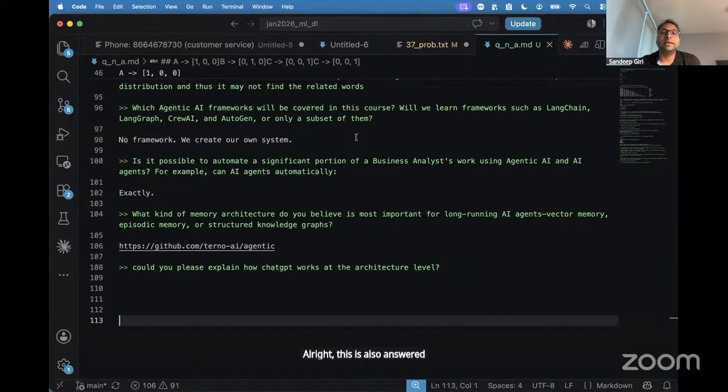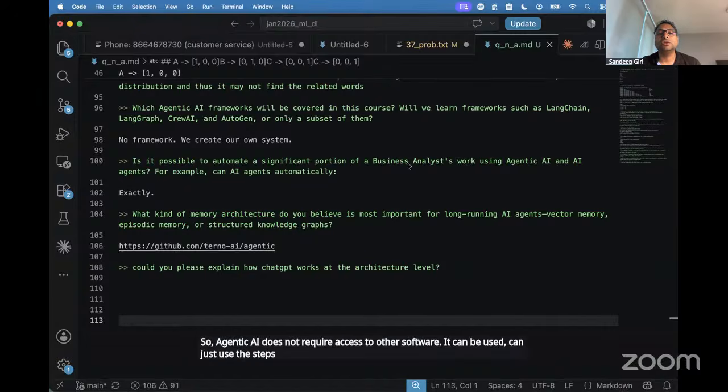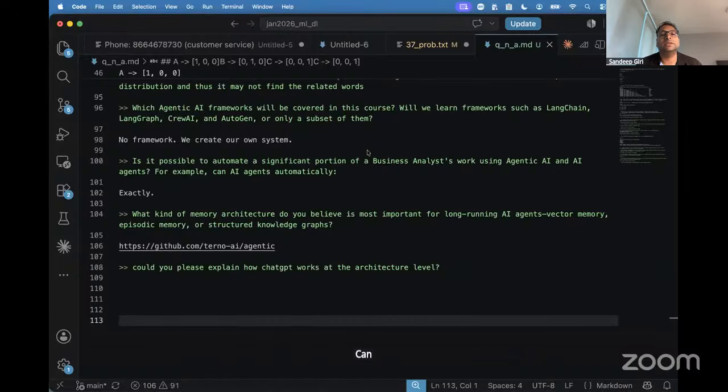The question is, agentic AI does not require access to other software; it can just use many steps within the same software. I think we're confusing it a lot.